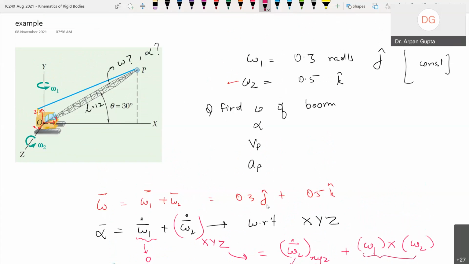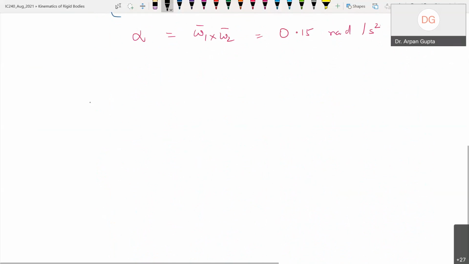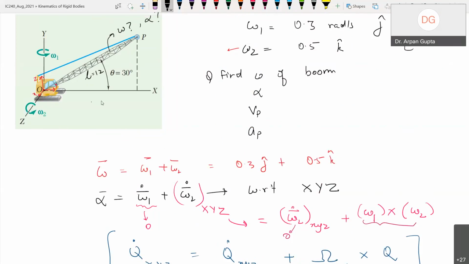And then next, the velocity of point P. So for the velocity of point P, first we have to observe the r vector. Let me copy this picture.